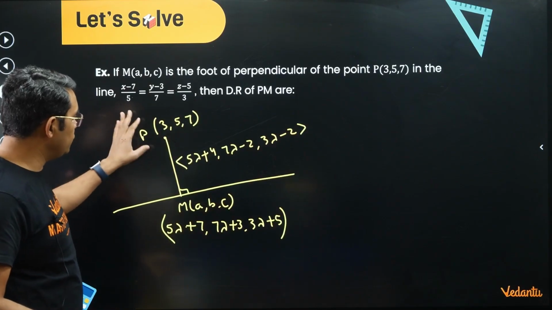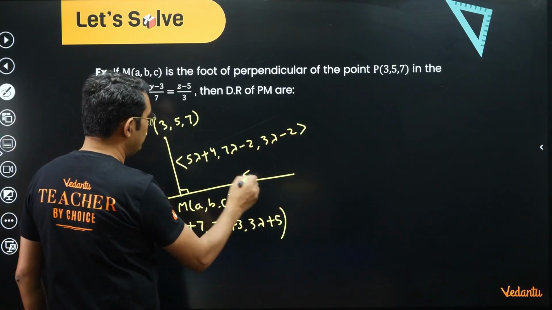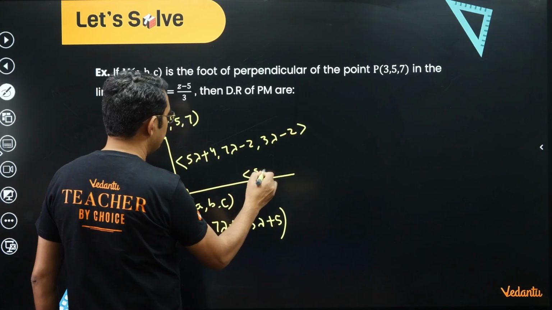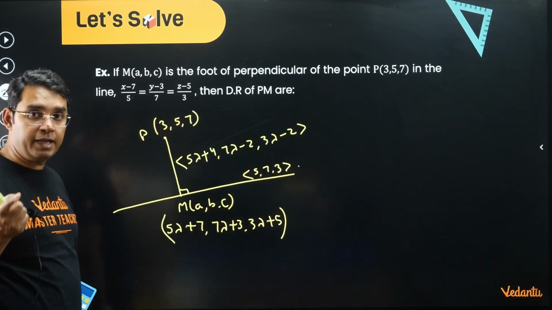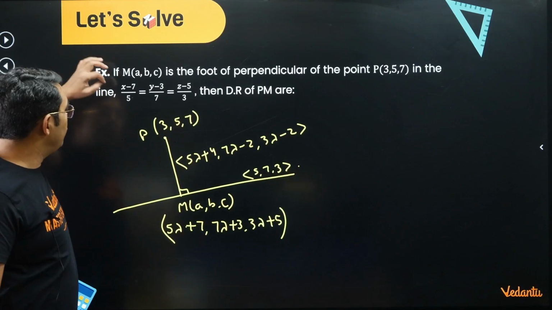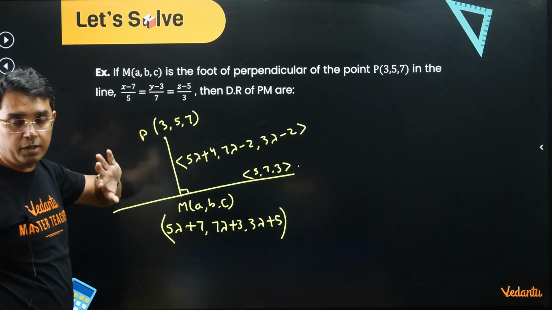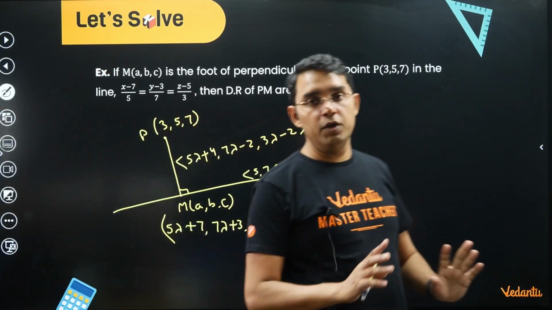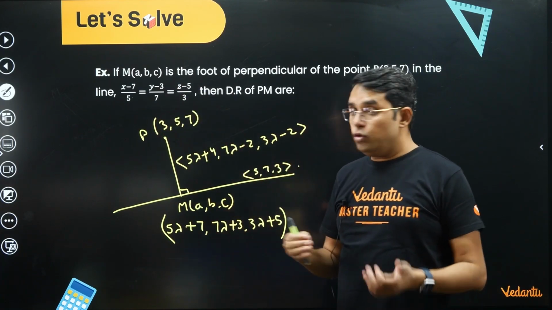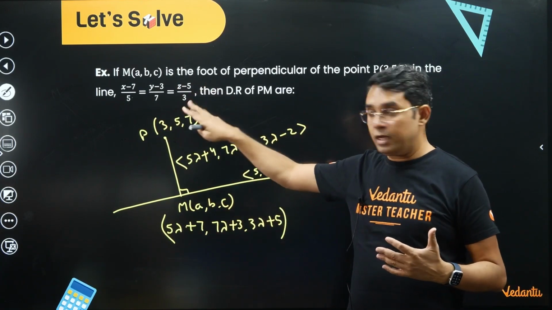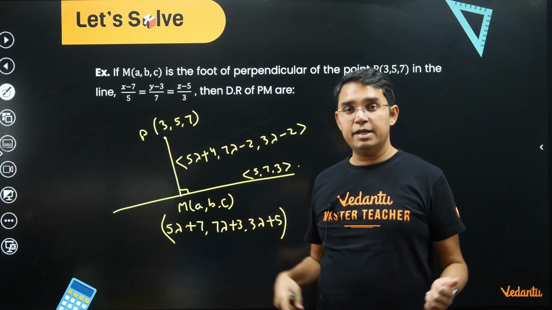So this will be the direction ratio of PM, and the direction ratios of this line are already given, 5, 7, 3. Before you conclude these 5, 7, 3 as direction ratios, make sure that the coefficients of x, y, z are 1, 1, 1. In some questions they deliberately give you something like 5 minus z or 3 minus 2y, so you have to make them 1, 1, 1, then only take them as direction ratios.